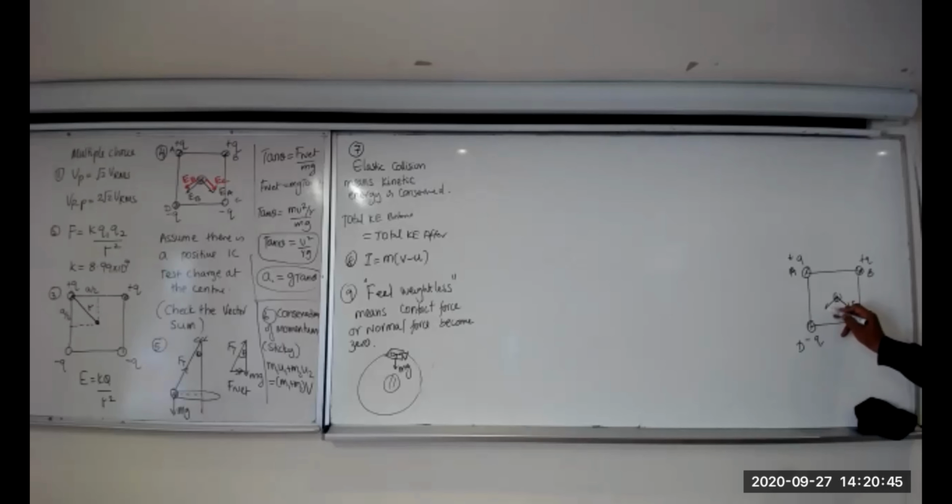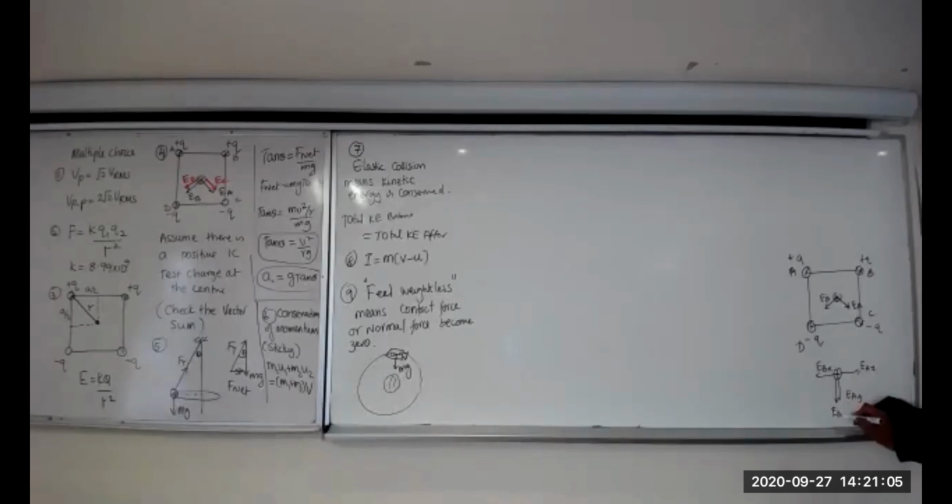EB is going to repel that way. Even if I take them separately, if you take the horizontal and vertical components, I can say EAX, EAY, and EBX, EBY. You can see these are going to cancel each other out. Even if you do the same thing with the negative charges, they're going to attract that way and that way. You get the same outcome.